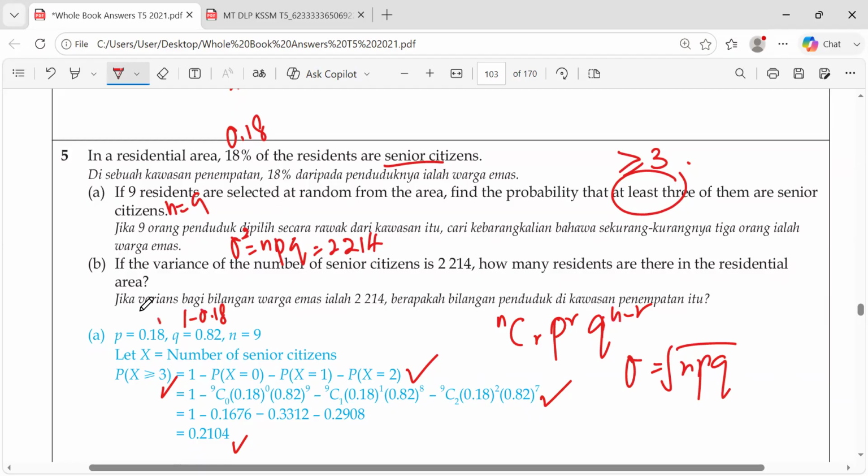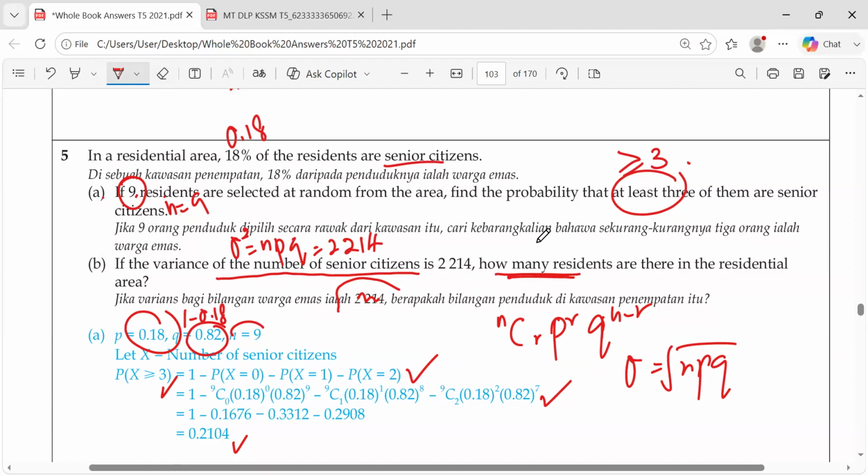So you get P, you got Q, you got N. No, this N is different. The N is 9 in part A. So you need to find out the N. We don't have the N here. N is not from here.